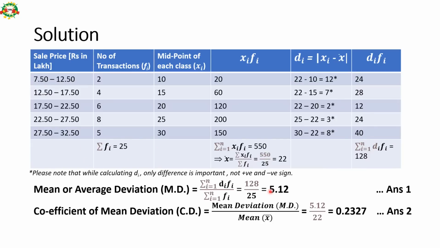Total 128 by 25, 5.12. That's answer number 1. And the coefficient of mean deviation is MD divided by mean. So here MD is 5.12, and mean is 22. So 0.2327. That's the second answer.